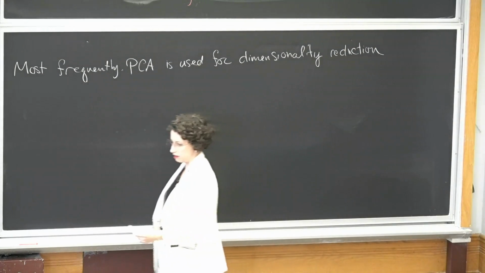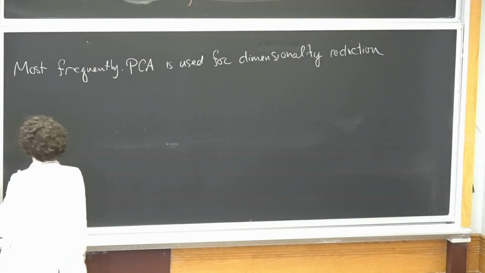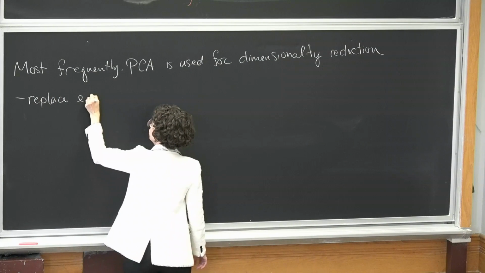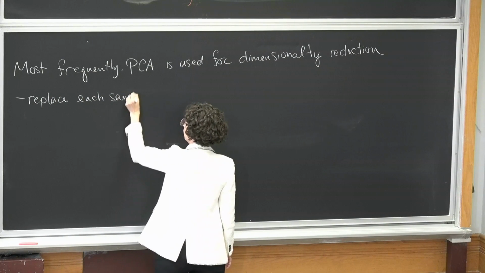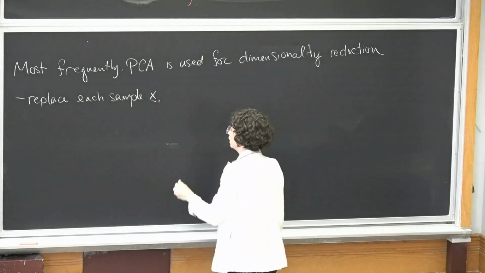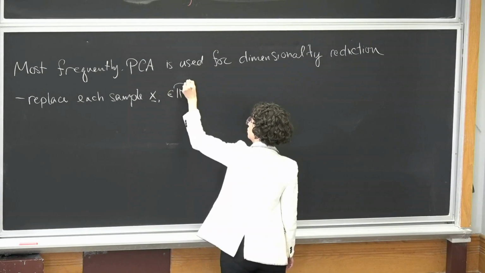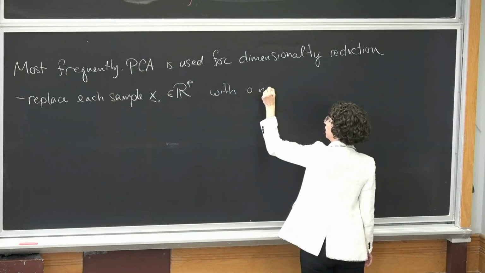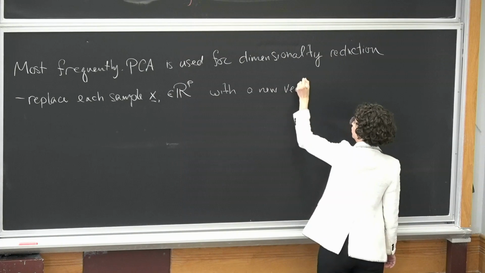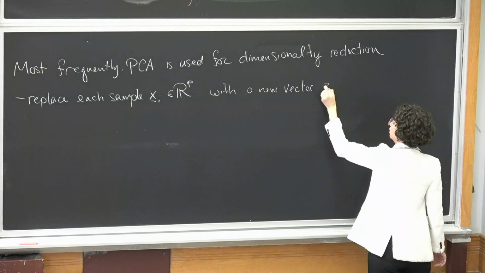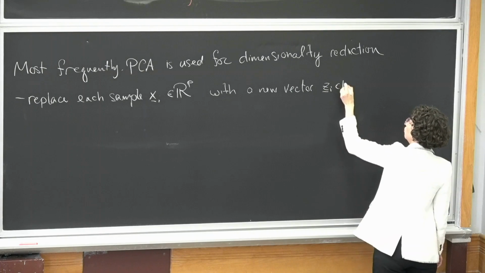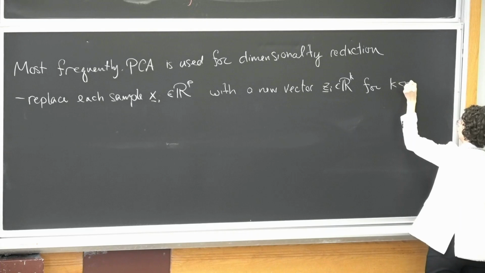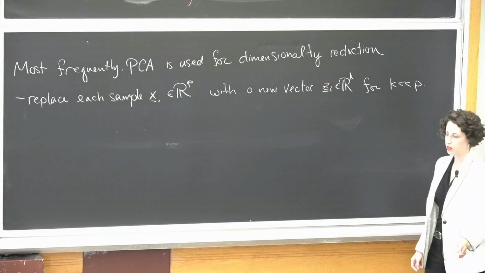And so what do I mean by that? The idea here is we want to replace each sample xi, which is in p dimensions, with a new vector, and I'm going to call it zi, which is in k dimensions, for k being much smaller than p.